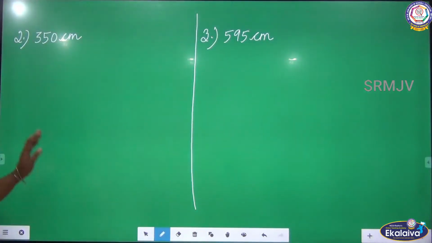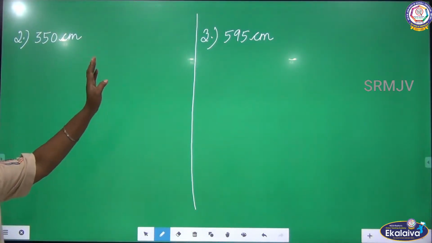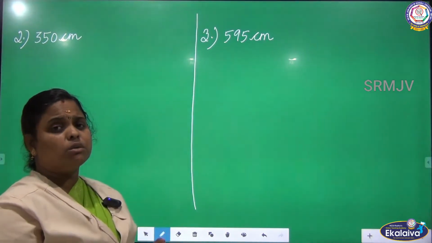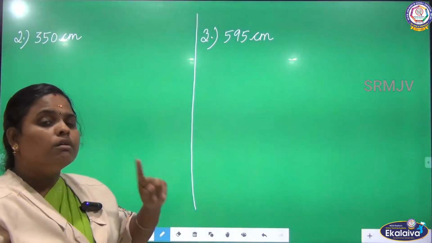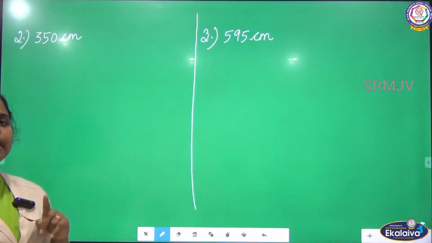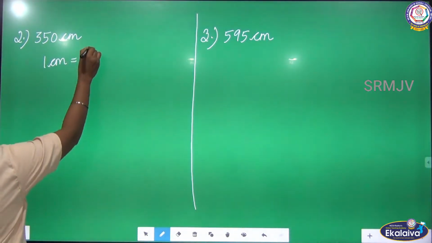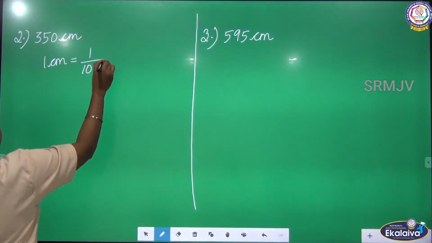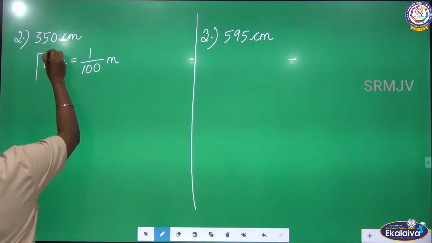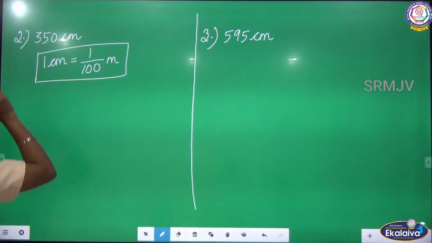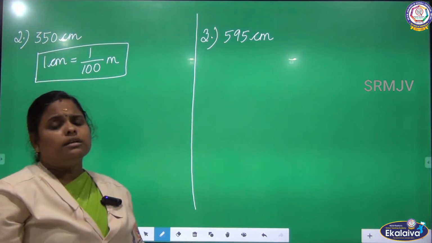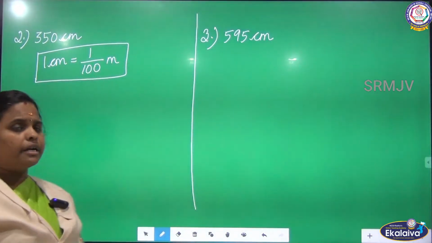Next one, same, we are going to convert centimeter into meter. 1 centimeter equals how many meters, children? 1 centimeter equals 1 by 100 meter. So can you tell me 350 centimeter equals how many meters? 350 by 100 meter.